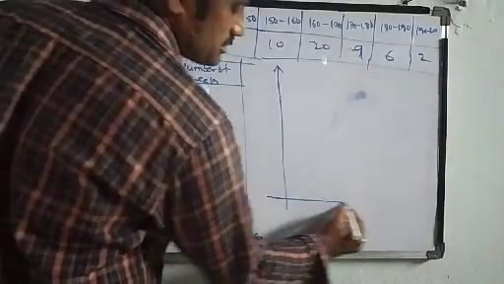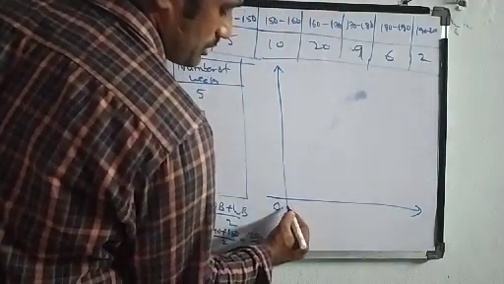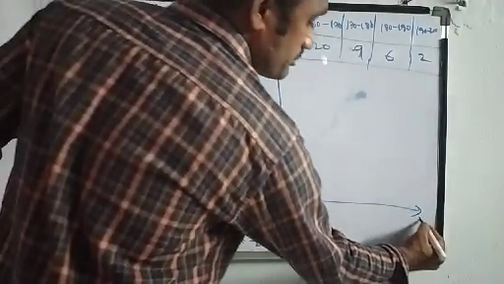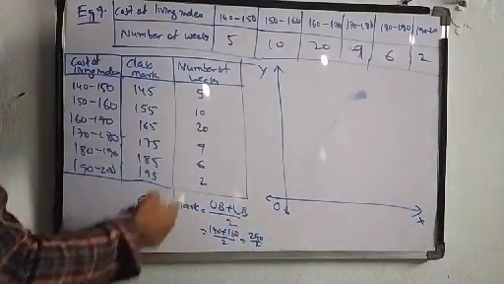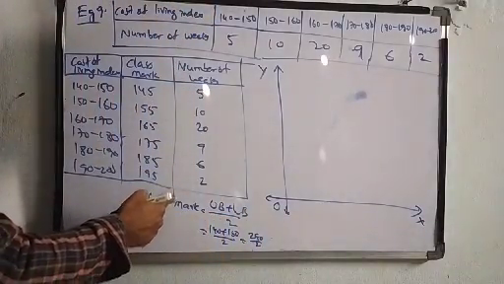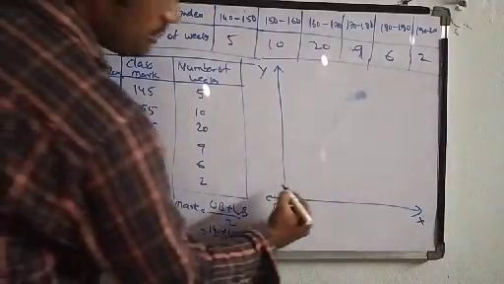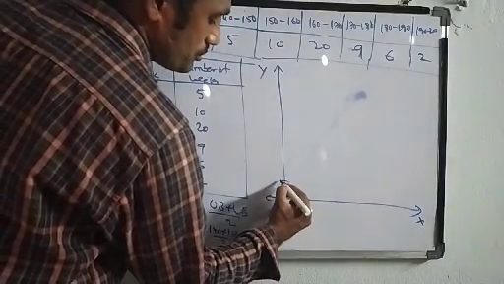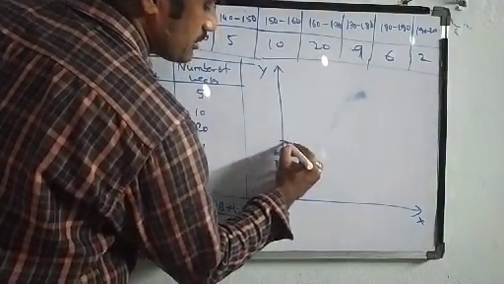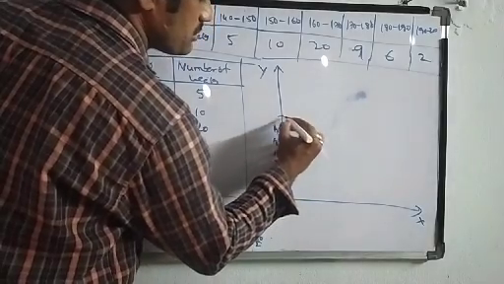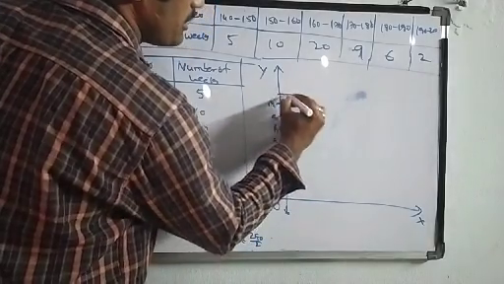So this is the y-axis and this is the x-axis, the meeting point is the origin. On the y-axis I'm going to take a scale of 2, since 20 is the highest: 2, 4, 6, 8, 10, 12, 14, 16, 18 and 20.